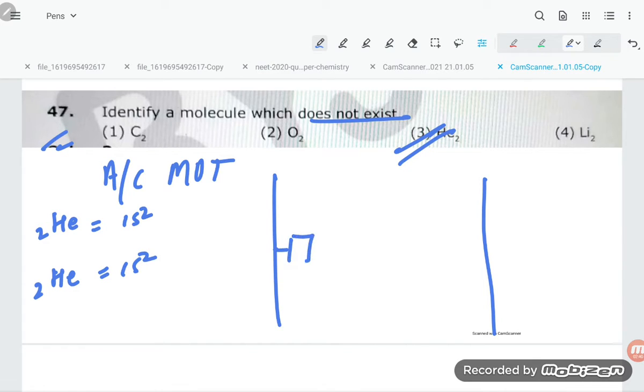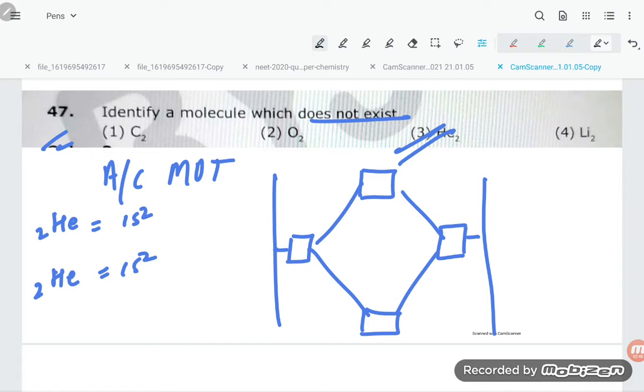So here is sigma 1s2 and sigma star 1s2. So the total electrons are 4.